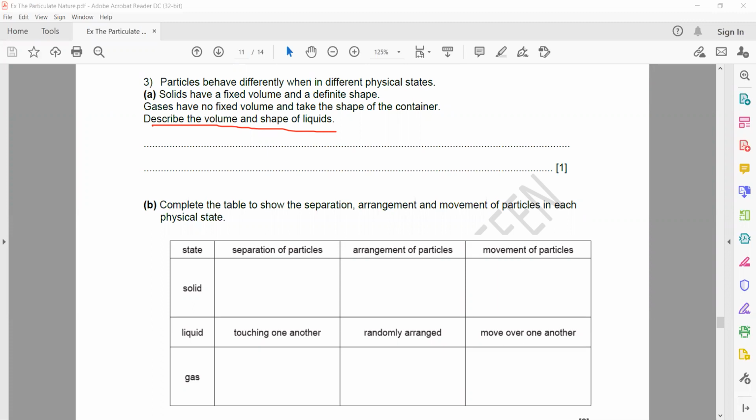So liquids do not have a fixed shape, but they take the shape of the container, and they do have a fixed volume.